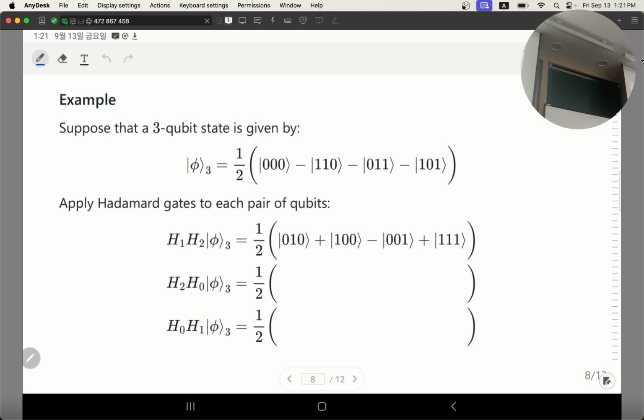So if I apply the Hadamard gate on qubit 1 and qubit 2, for example these two, then I'll do the calculation with you. So what happens is it's plus 0 minus 0, and you get plus 1 and minus 1.